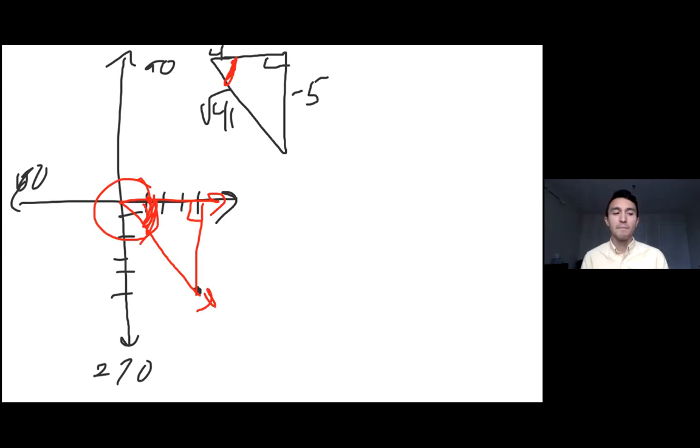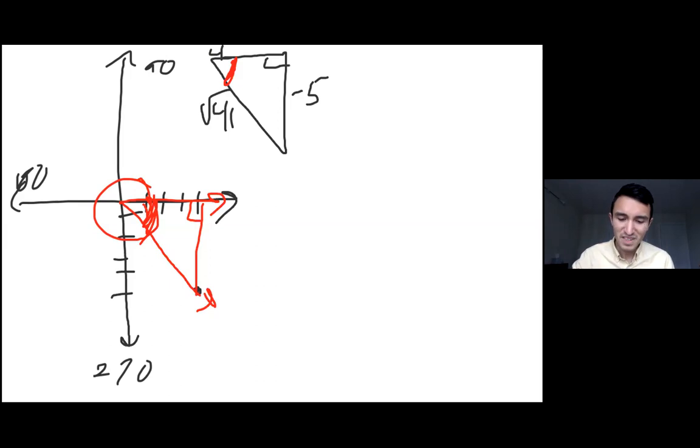Basically, associate, and you'll start to see this, where the y value is what is sine, and the x value is cosine, because it's the adjacent side. And the y value is sine because it's the opposite side, all right?